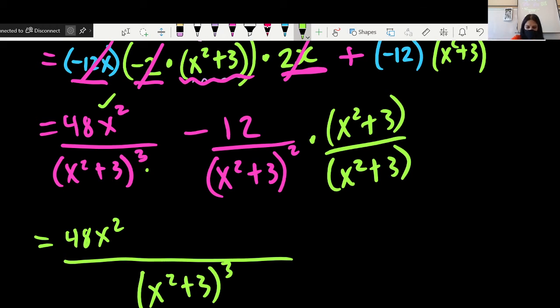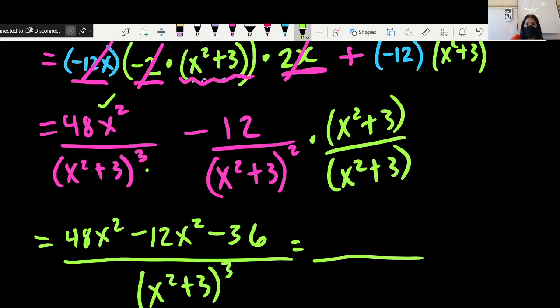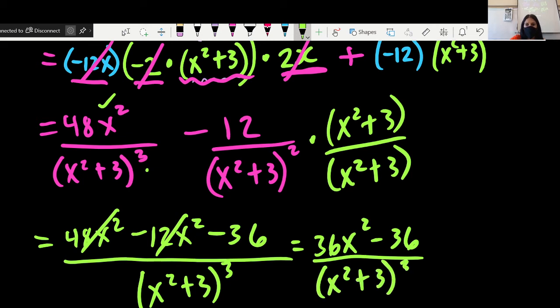But over here we would have minus 12x squared, and then we'd have minus 36. So then to clean things up, I can just combine those like terms. I get 36x squared minus 36 all over x squared plus 3, all cubed.